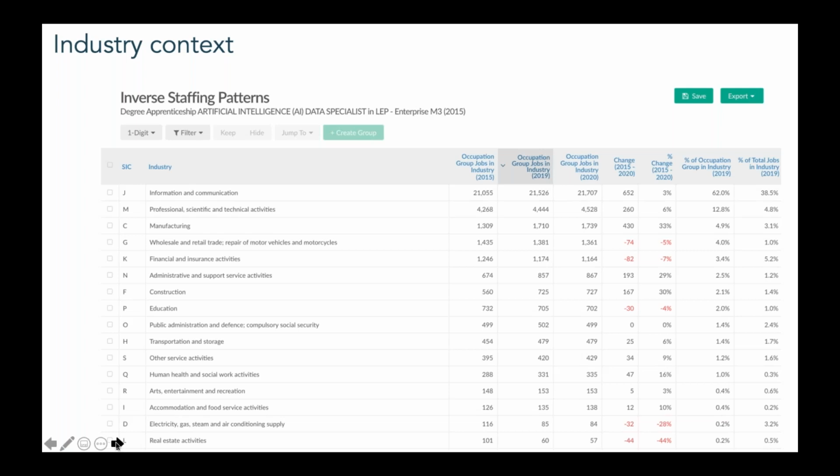As with the occupations and SOC codes, we capture industry data using the government's 4-digit SIC codes, or standard industrial classifications of economic activities. So here we can see the job numbers by industries at the 1-digit SIC level, so very general indicators of the sectors that are employing people in the types of roles we've been looking at.